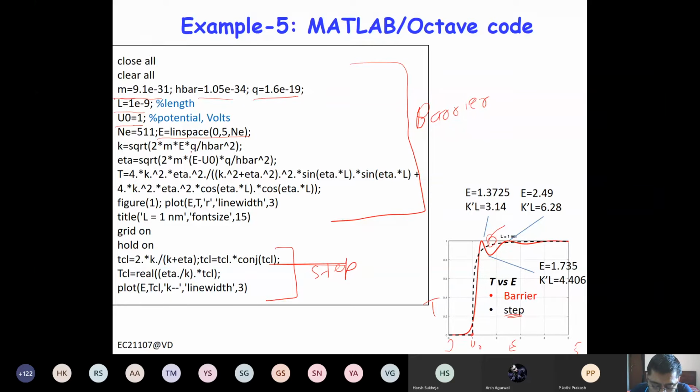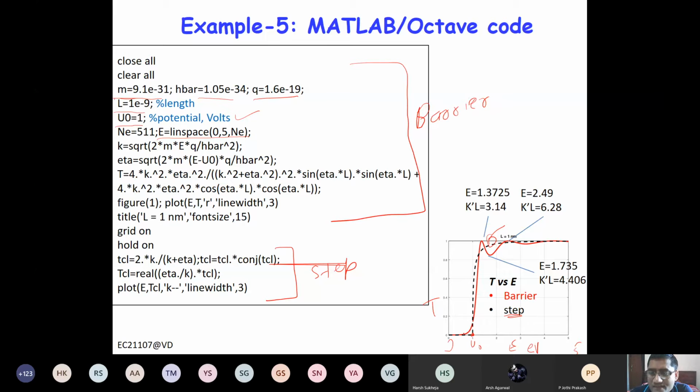Now K I calculated as root 2mE by h bar square, right? And eta or K prime as root 2m (E minus U naught) by h bar square. Please remember, you have to multiply this by q, because E is the potential, right? So potential energy will be q times E. So this is basically this much electron volt. So this energy of electron is in electron volt.